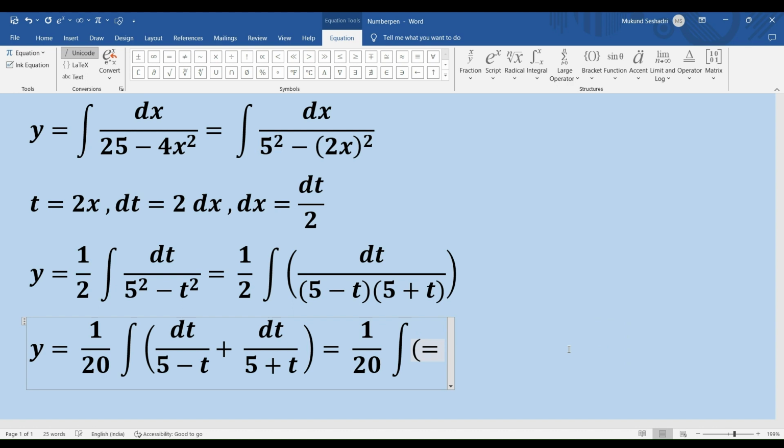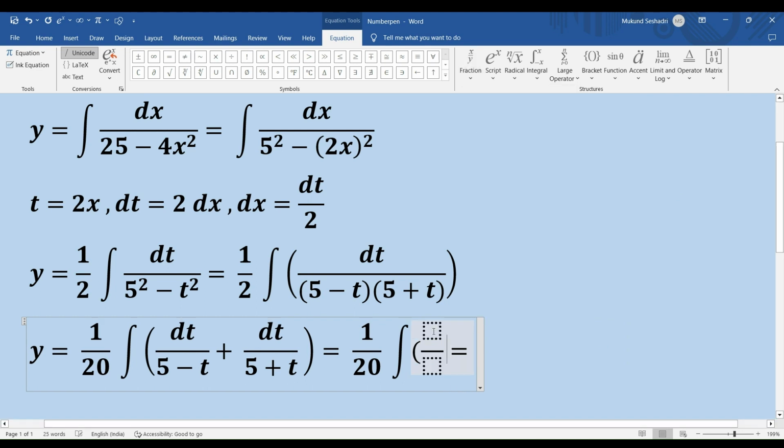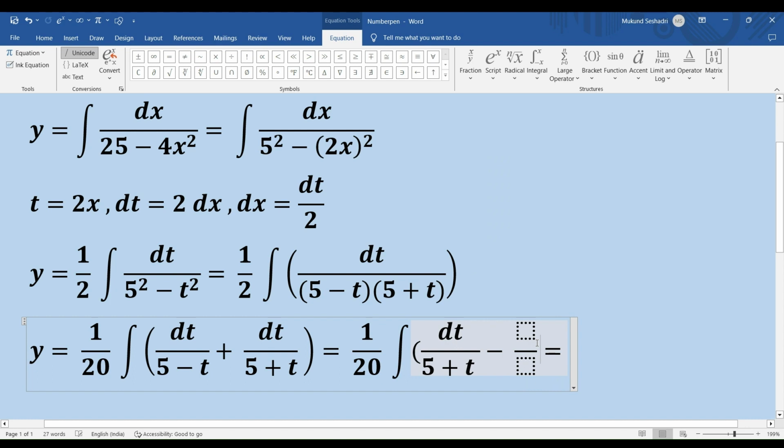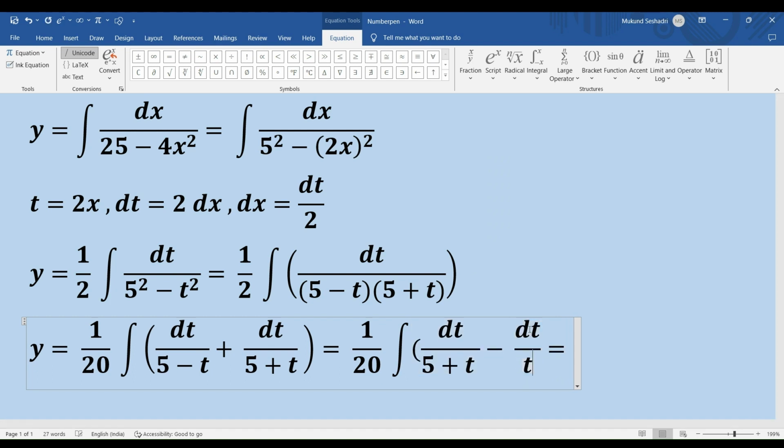So my dt by 5 plus t, I'll bring that first, and you will understand why in the next few seconds. And then my dt by 5 minus t, I'm going to rewrite it as minus of dt by t minus 5, right? Does it change the expression?